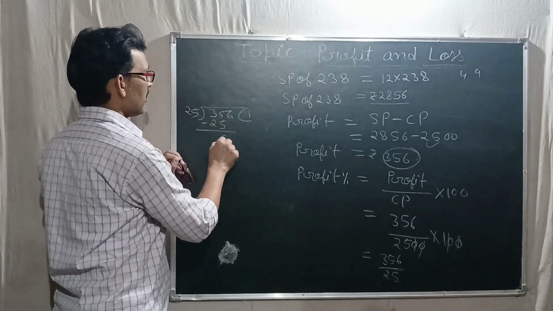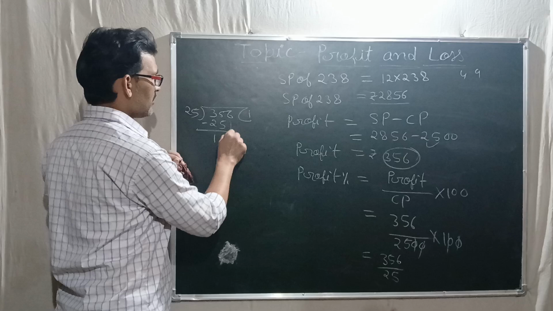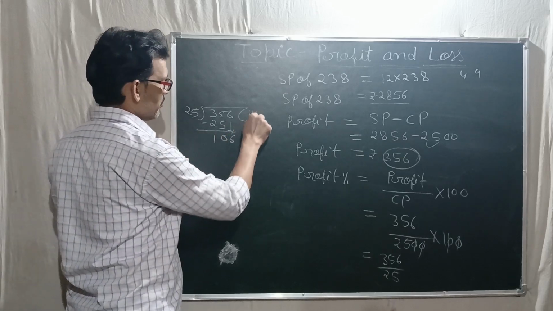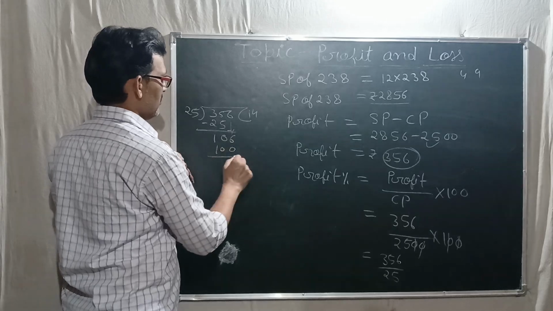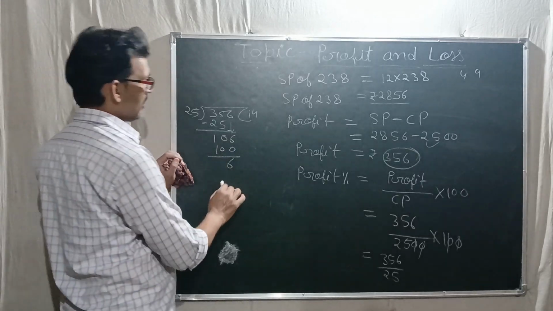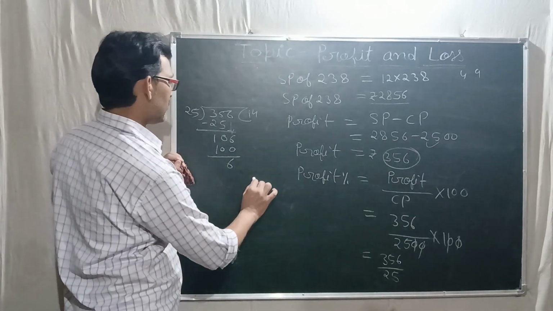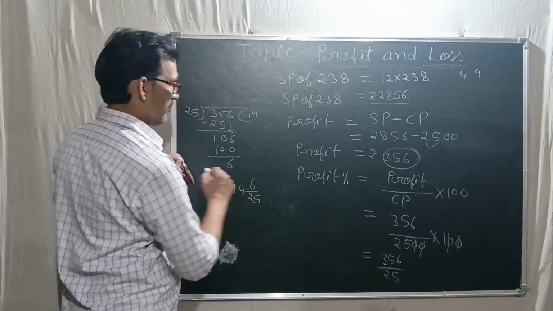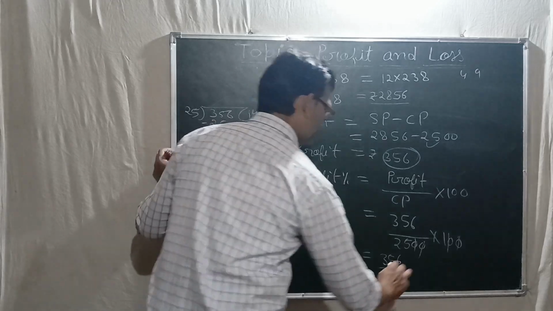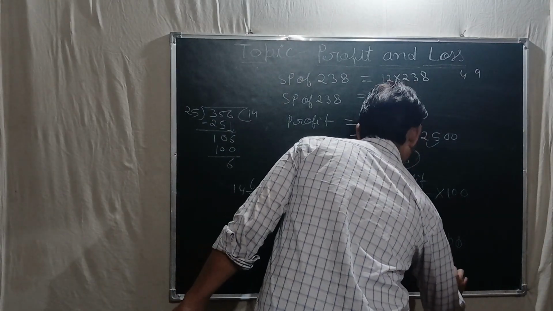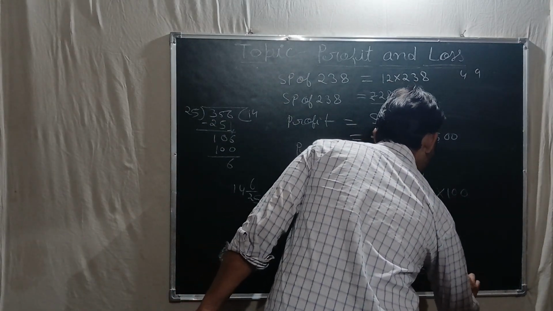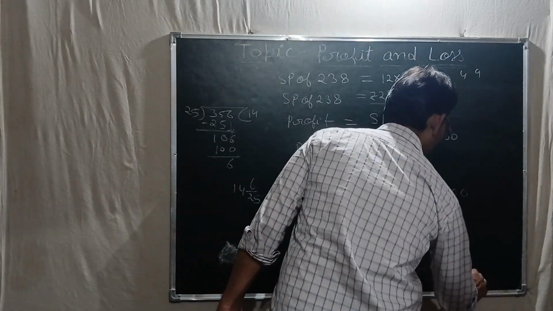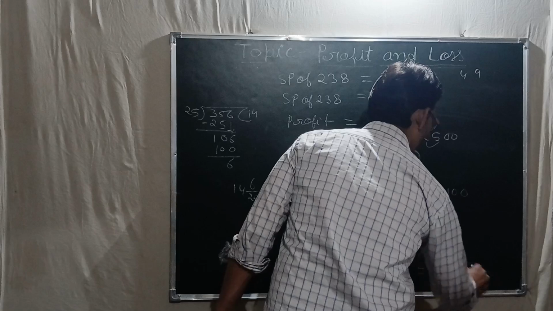Now subtract, you will get 106, and take this 6 here. 25 times 4 is 100. 6 will remain here, and in the mixed fraction we write 6 on the top and 25 below. So it will be 14 and 6 upon 25 percent. This is the total profit percent.